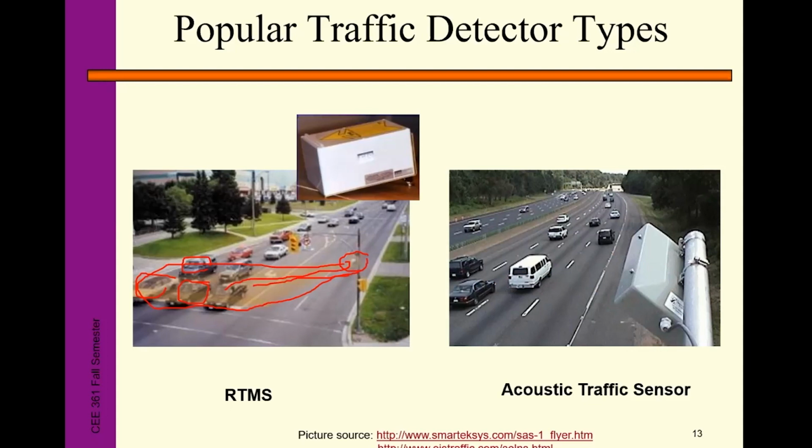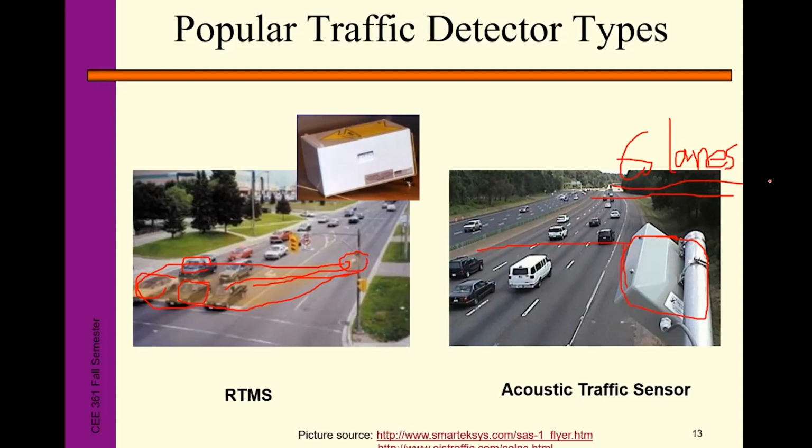But when you use this acoustic traffic sensor, as long as the engine sound can be generated and the sensor can detect vehicles, it can cover up to 6 lanes in one direction. So it produces pretty accurate, desirable detection performance for freeway operation.